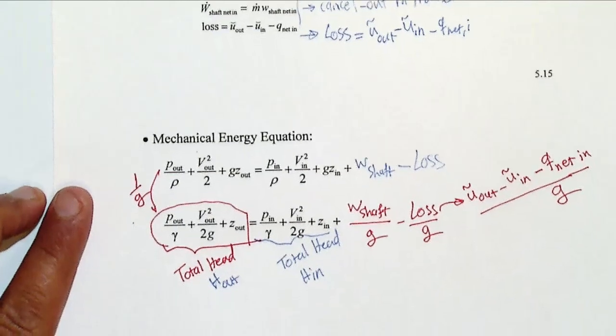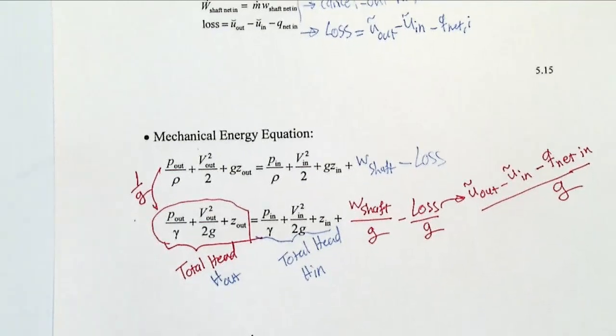Bernoulli mentioned that if you don't have any loss, any work, or anything to suck up or add energy to your flow, then total head energy should be conserved, so total head for the output and input should be equal over a stream tube.